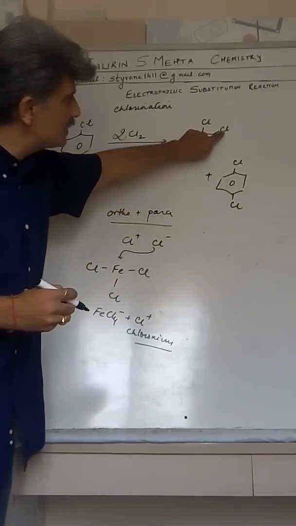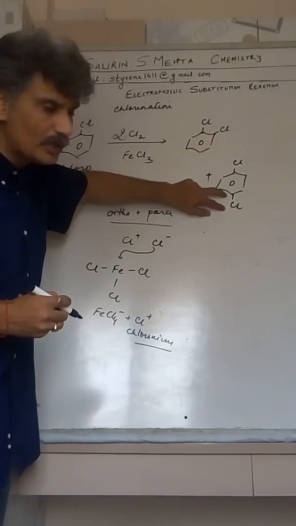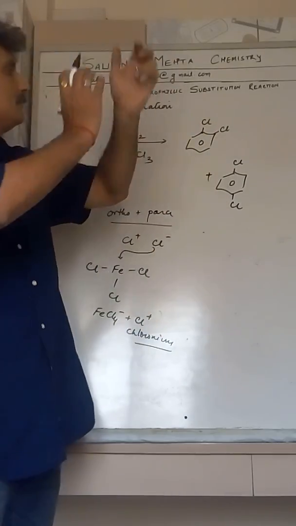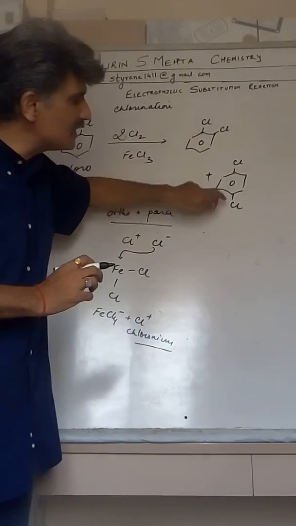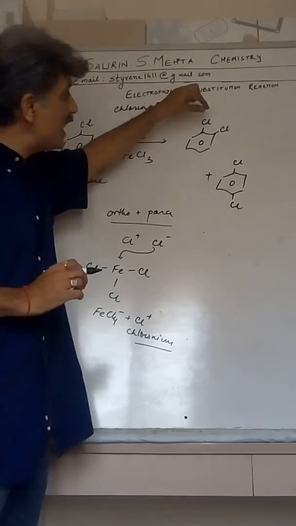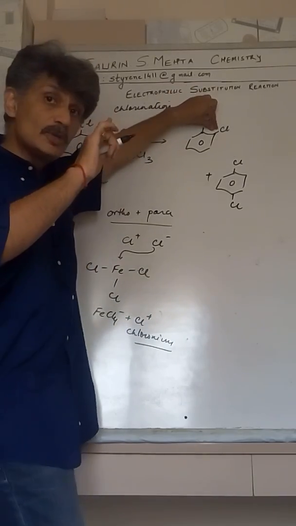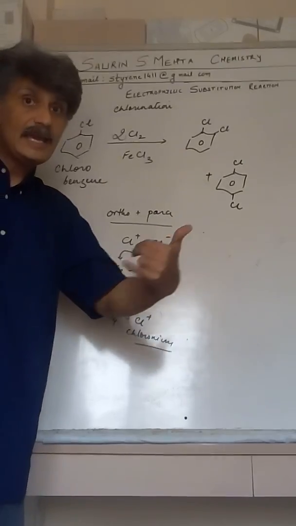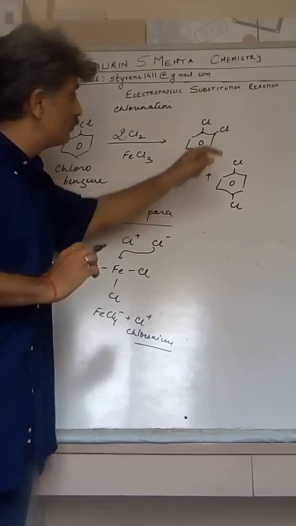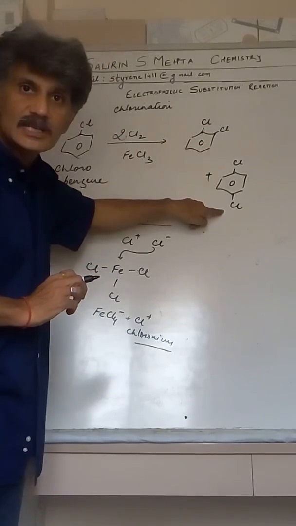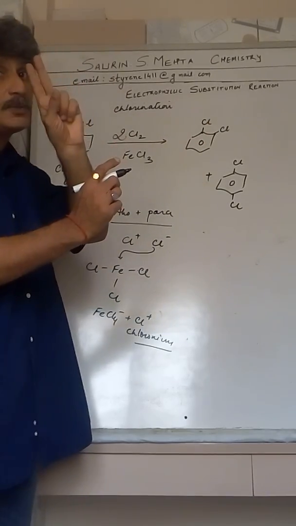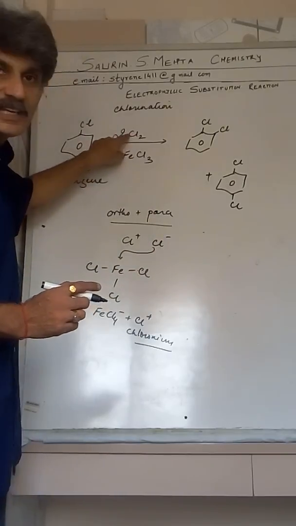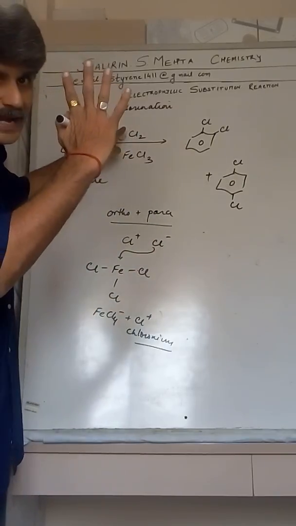So here we have Cl plus getting bonded to the carbon, and so you can see we are utilizing 2 Cl. The 2 H atoms which were bonded to carbon get eliminated, leaving their electrons behind, and so they are now H plus. So we have one H plus from ortho, one H plus from para, so we have 2 H plus. On the other hand, we have 2 Cl minus because we have taken 2 moles of chlorine, total 4 atoms.